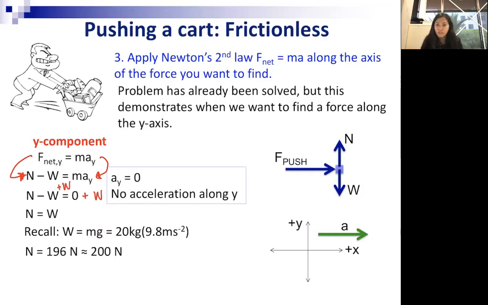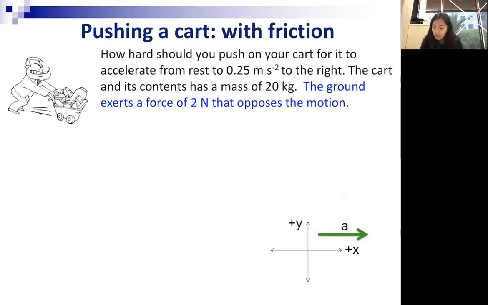Good, all right, okay. Now let's make it a little bit more complex and add friction. Okay, so it's the same problem in black font here, but now we add the complication of frictional force. So the ground exerts a force of 2 newtons that opposes the motion.